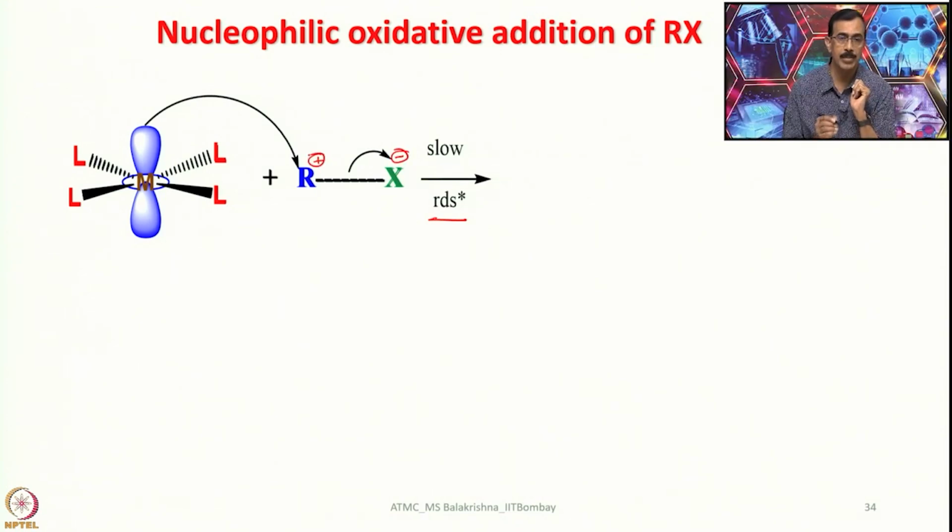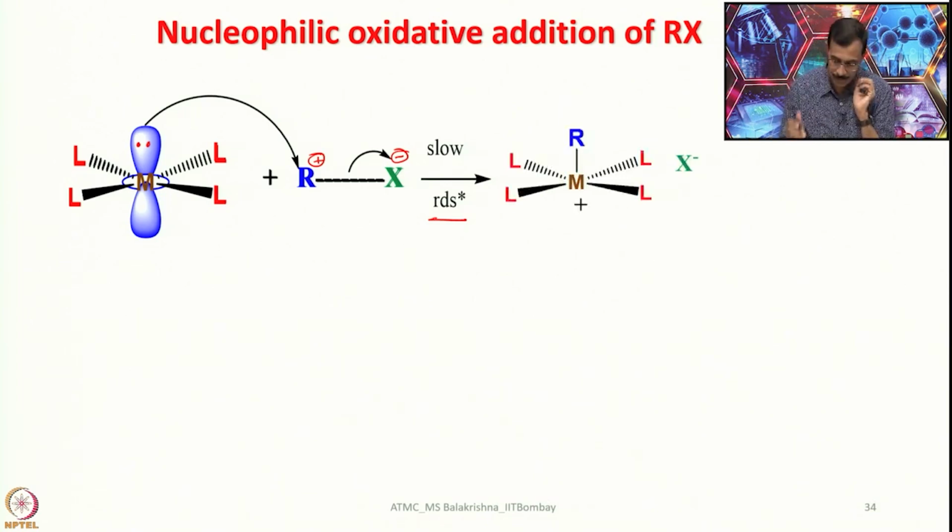Here we have the dz square orbital with 2 electrons, and this attacks the polarized substrate, generating a 5 coordinated species. Now you can see we have a positive charge, and an empty orbital because the electrons have already been given from the metal. This is an anionic ligand, and this is also an anionic ligand.